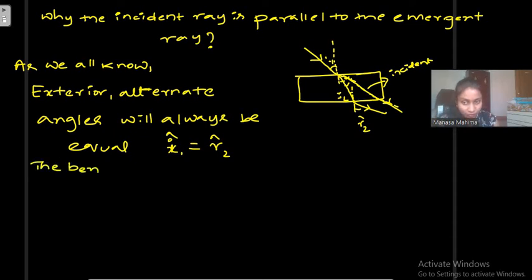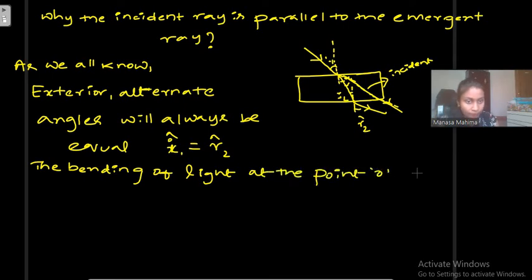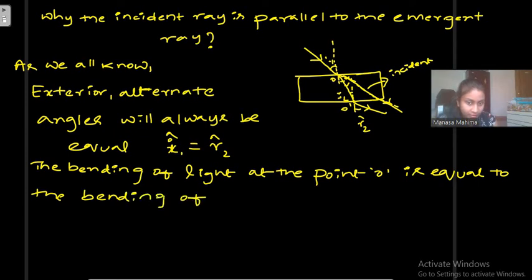The bending of light at the point O is equal to the bending of light at the point O prime.